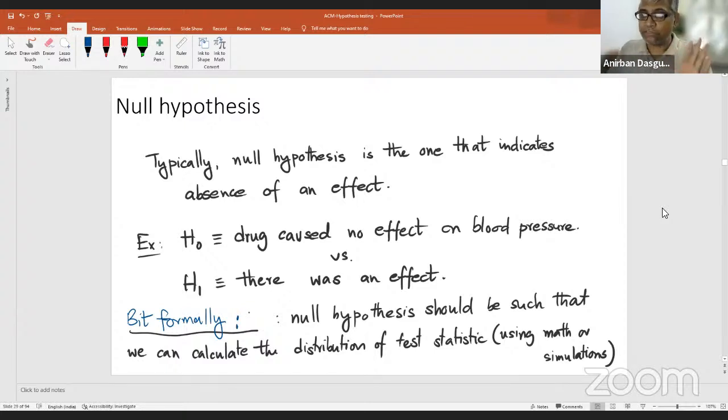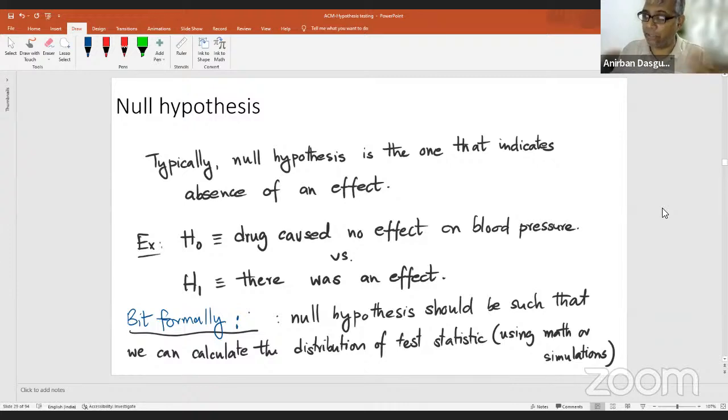The two things actually come together in this null hypothesis. If the null hypothesis says there is no effect, then if I give population 1 the drug and don't give population 2 the drug, under the null hypothesis they have the same distribution.